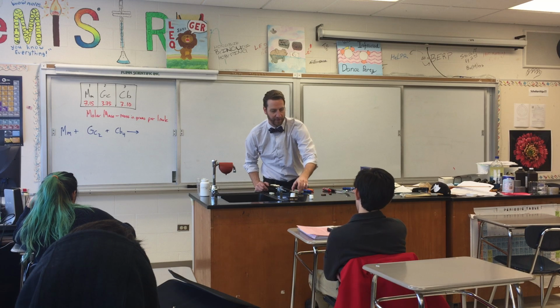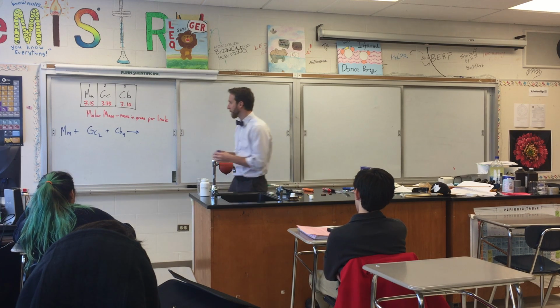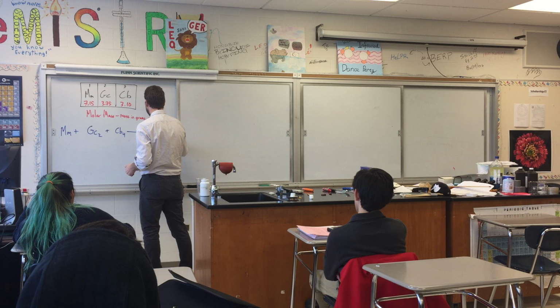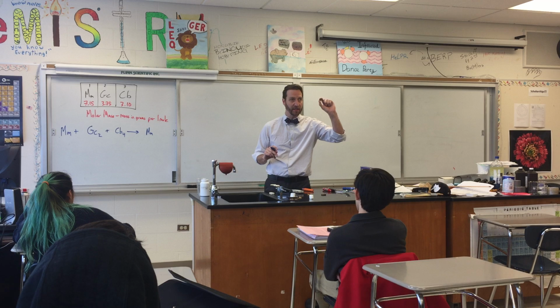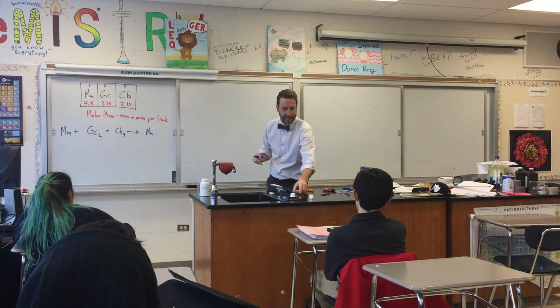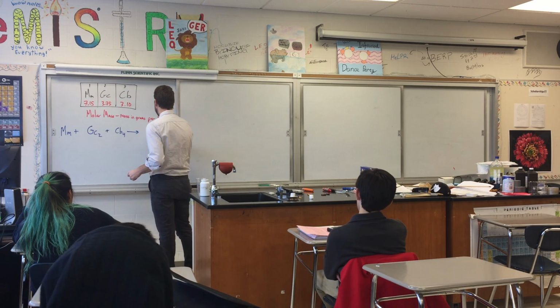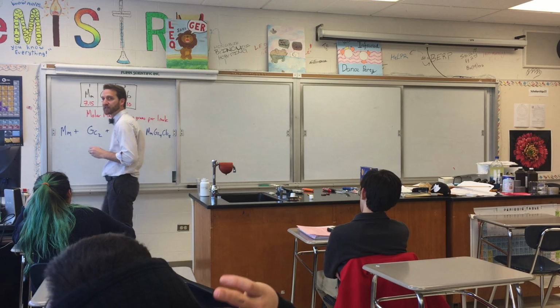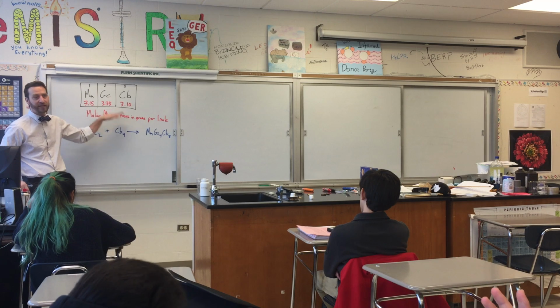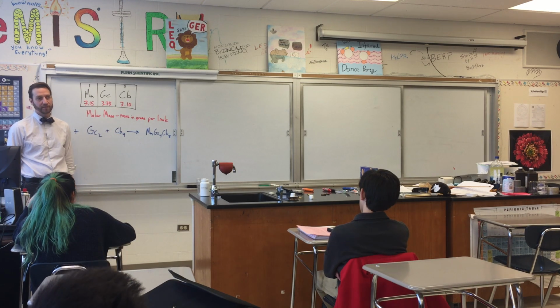Well, it has one marshmallow. 8 chocolate bars, 8 of these little bits of chocolate together. And how many graham crackers? 4. So it's really like graham cracker 4, chocolate bar 8. So in terms of the individual little chunks that we measured here, this is the formula of a s'more.